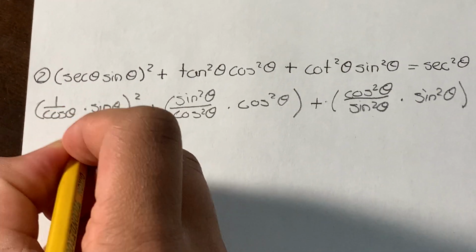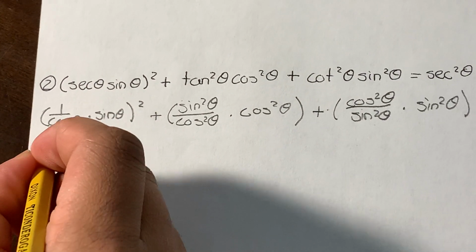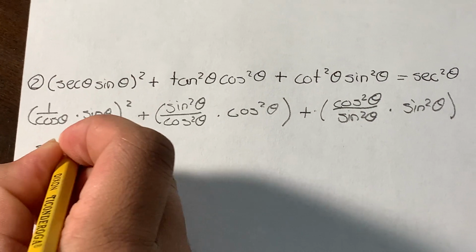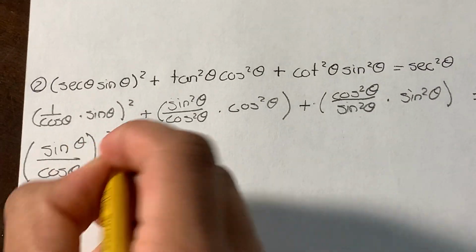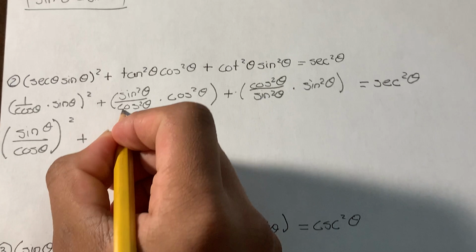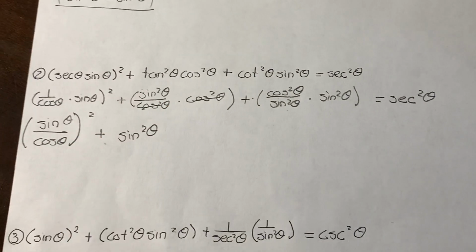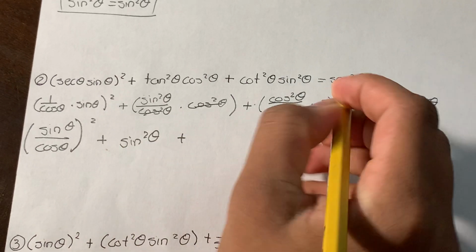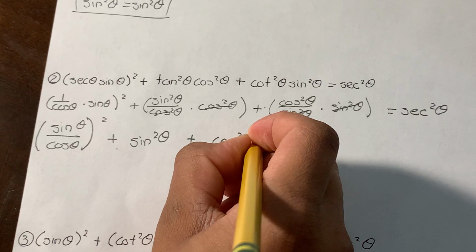Now we're going to simplify all of this. So 1 over cosine theta times sine theta is going to be equal to sine theta over cosine theta, still squared, plus our cosine squares are going to cancel out. We're left with sine squared theta, plus our sines here cancel out. We're left with cosine squared theta.